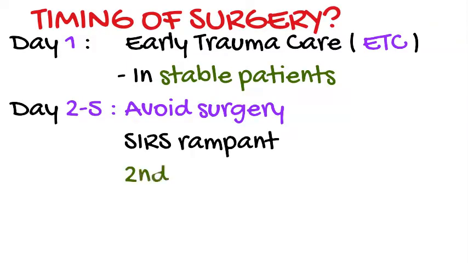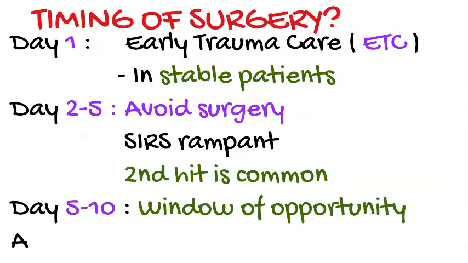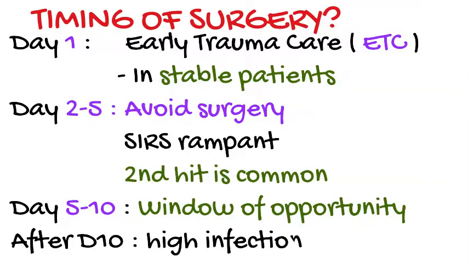At this time, sustained immunologic changes are still ongoing and there is a fluid shift. There is an increase in generalized tissue edema that is not yet normalized. SIRS is rampant in this period of time and the second hit is common.